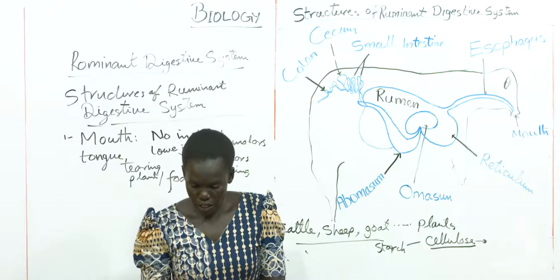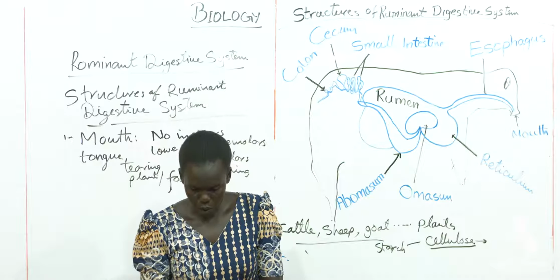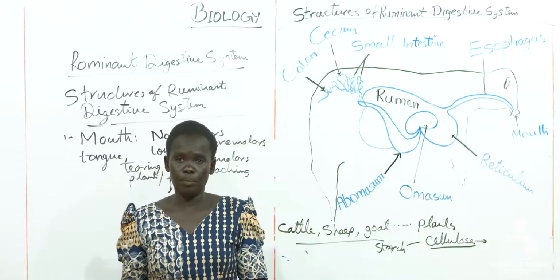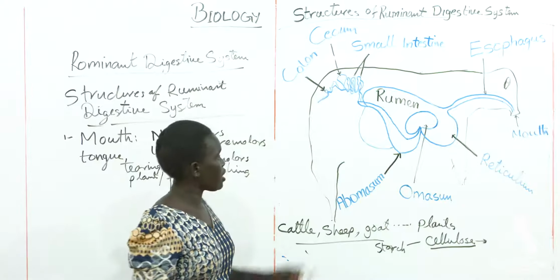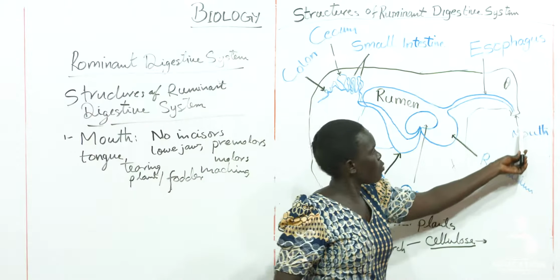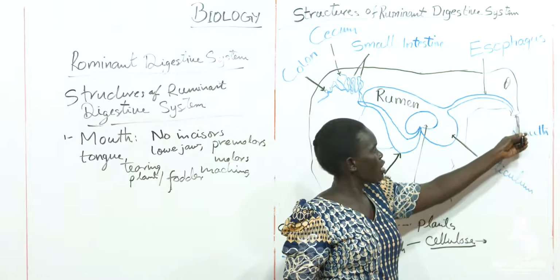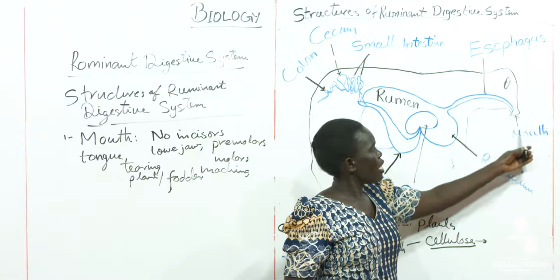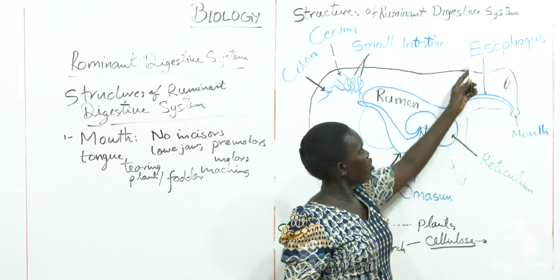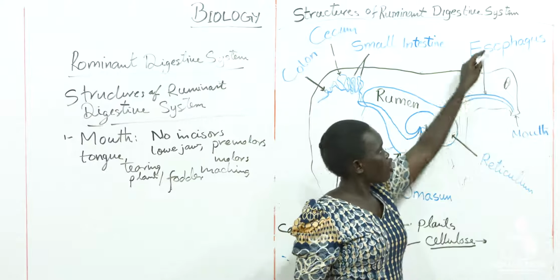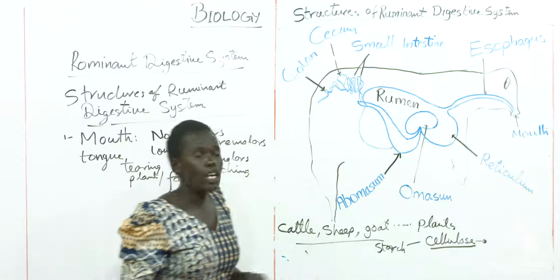Then that food, when it is ground, will be sent to the esophagus. That means the food enters from the mouth after being harvested with the help of the mouth and tongue. Then we reach the second structure, which is the esophagus. The esophagus is a tube-like organ.